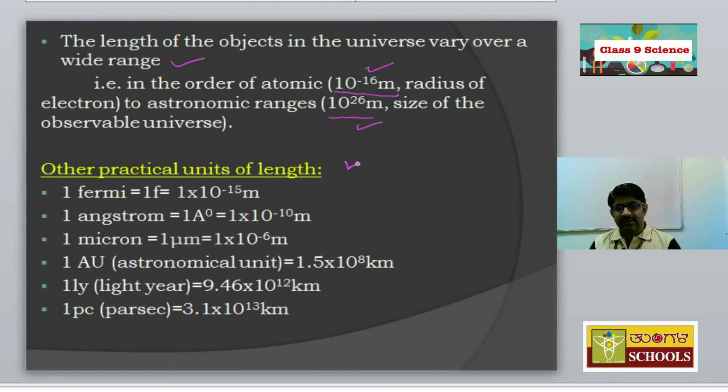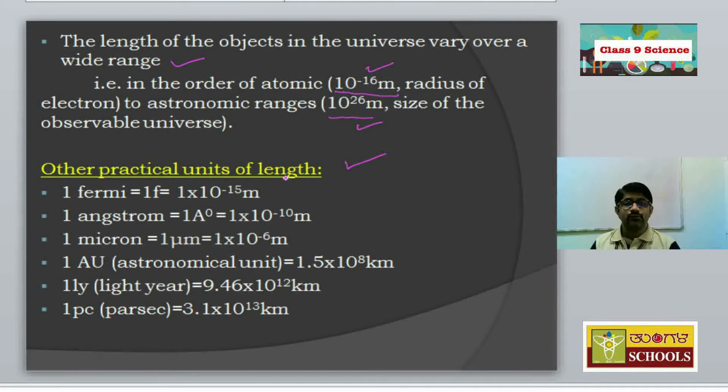Other practical units of length. We are using some other practical units of length. So first one in this case will be Fermi. Remember, all these practical units are only preferred for length.